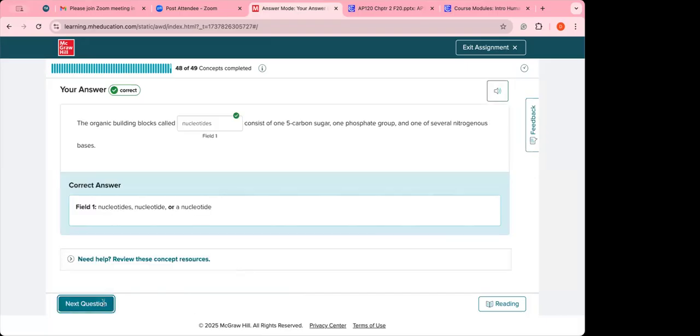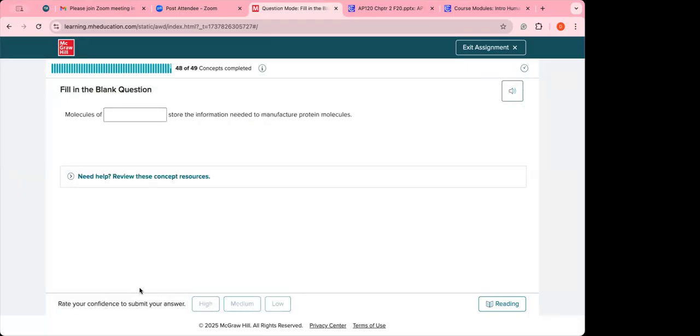Okay. Molecules of blank store information needed to manufacture protein molecules.